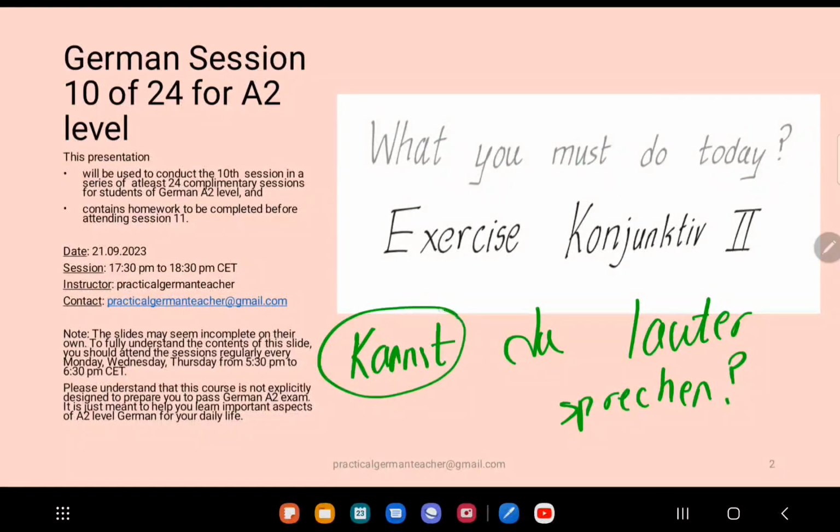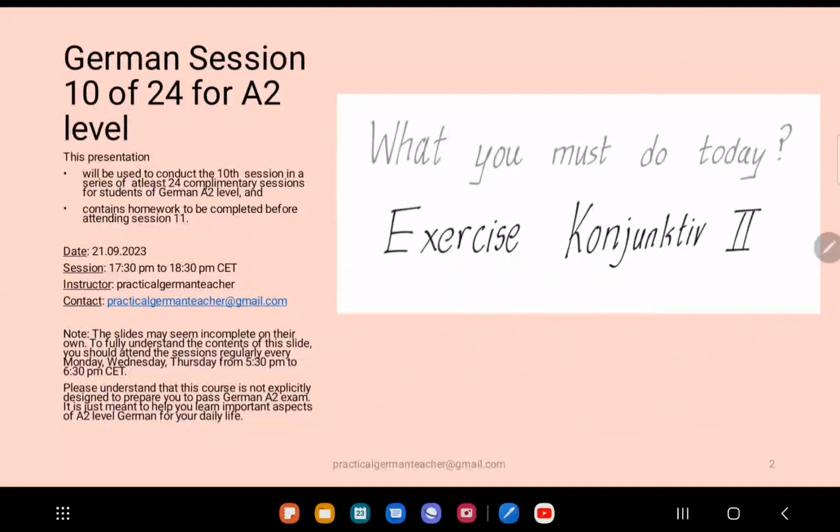If you want to be more polite, you can say in German könntest du bitte. So it becomes now more polite. All right, let us start with the exercises.